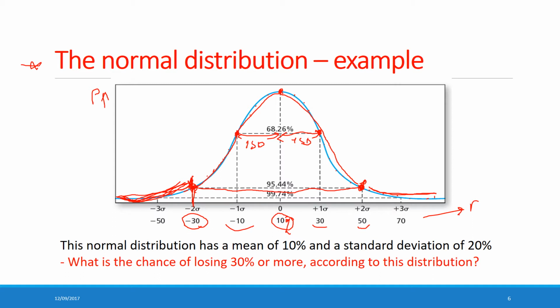Therefore, the chance that the returns is lower than minus 30% is 4.5% divided by 2, so that's about 2.25%. So using the normal distribution, we can estimate that the chance of returns being lower than minus 30% is about 2.5%.